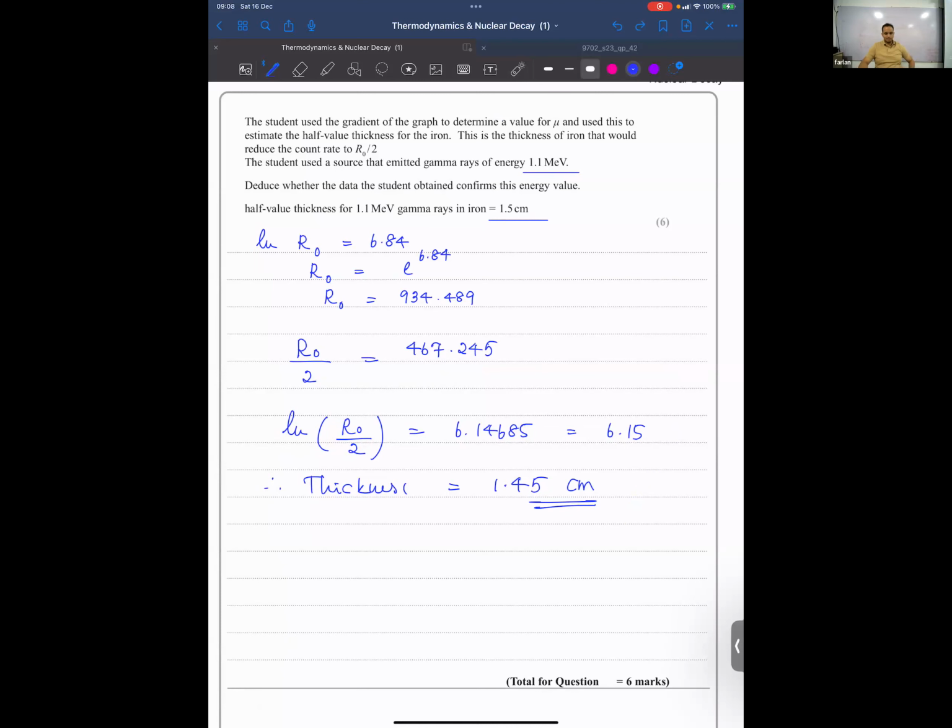One can say yes, 1.45 centimeters is close to 1.5 centimeters, yes, it is 1.1 mega electron volts. Another student can look at it differently: no, 1.45 is less than 1.5 centimeters, so no, it is not 1.1 mega electron volts. The thickness is less than that. Okay, understood. Both are fine.